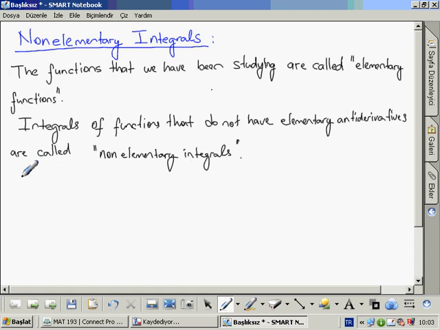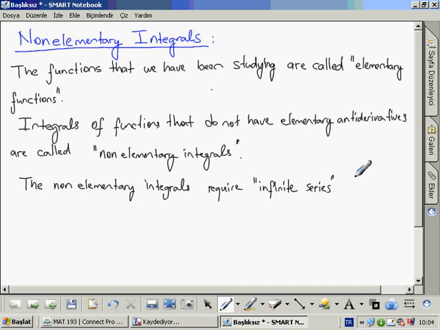The non-elementary integrals require infinite series or numerical methods for the evaluation.